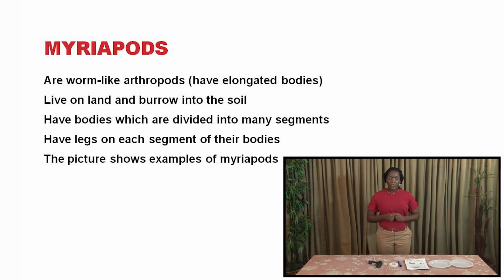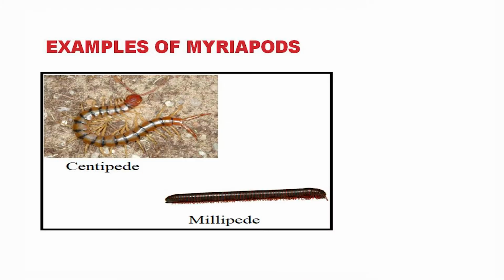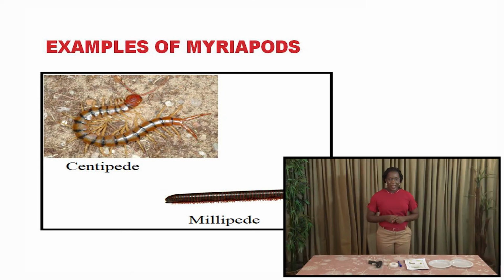The picture shows some examples of myriapods. Examples of myriapods are centipede and millipede.